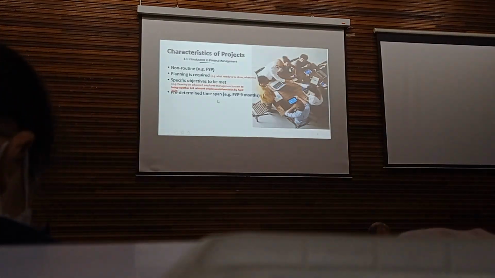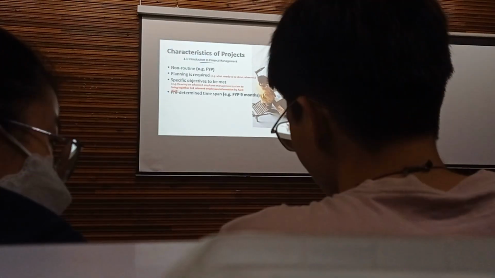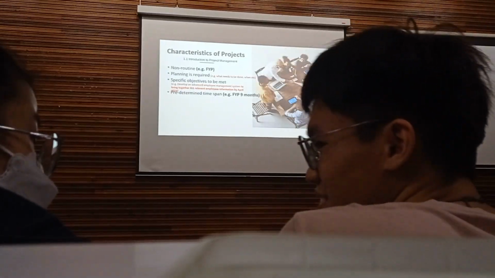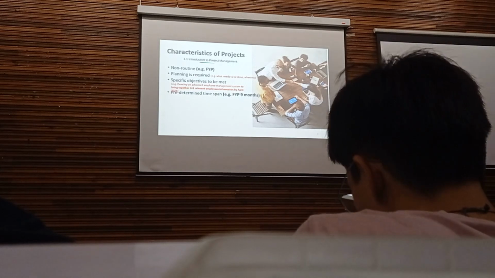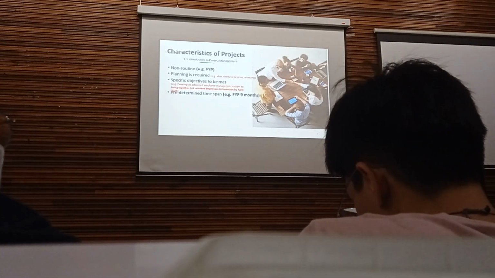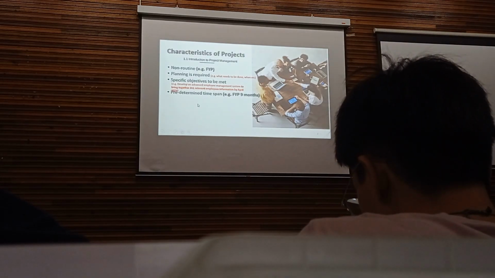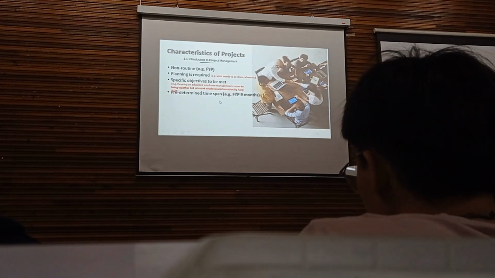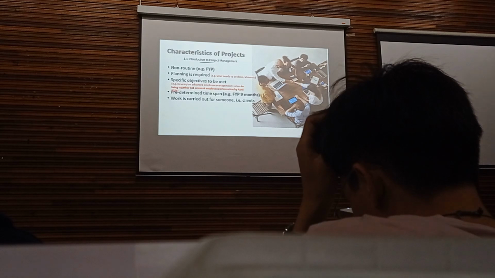Predetermined time span, meaning you do not have unlimited time to complete the work. Example, FYP is 9 months, you cannot ask for more than that. More than that is no good. The work is for someone, so the project has a client.